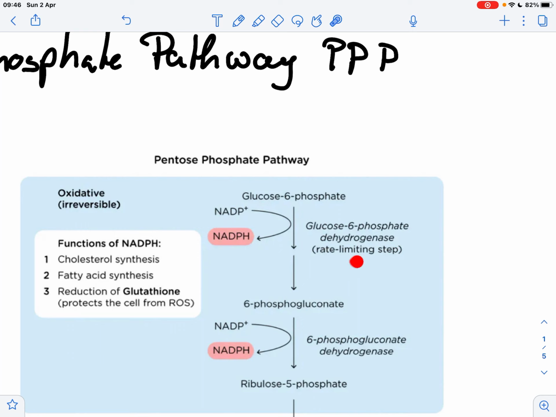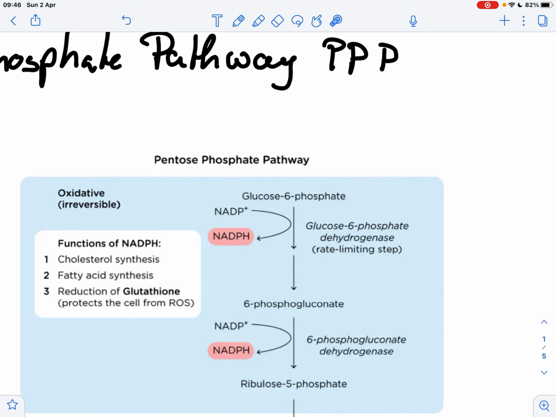And that is sort of the rate limiting step in this process. And it basically takes 2 electrons away from this glucose 6-phosphate and transfers them onto an NADP molecule.